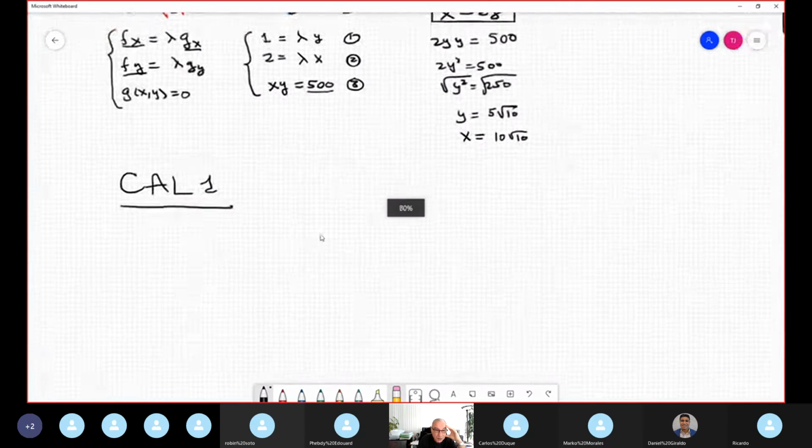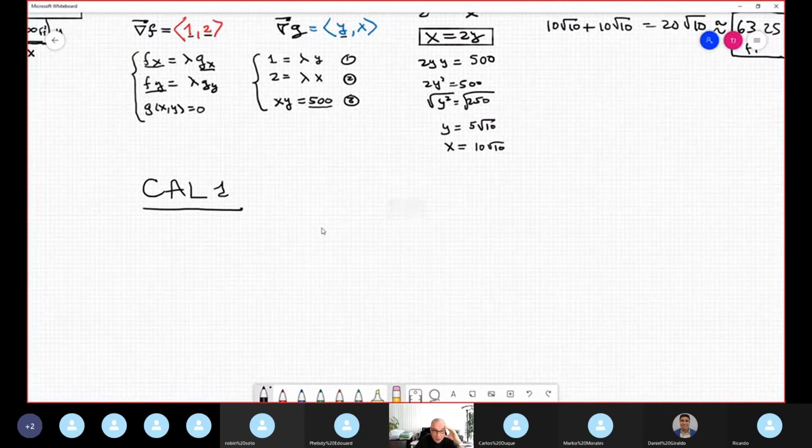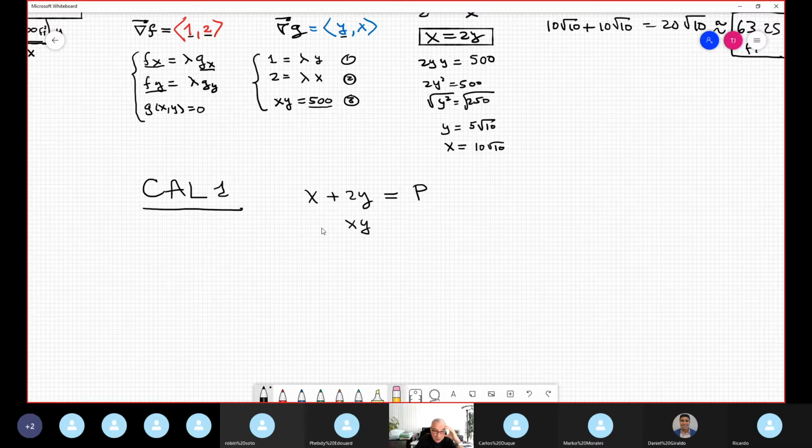Suppose how we solve this problem in Cal 1? Well, let's do it in Cal 1. In Cal 1 we have again the same objective function and constraint. I suppose you remember one topic of the Cal 1 in which you do optimization. So the objective function is the perimeter, and the constraint is the area.